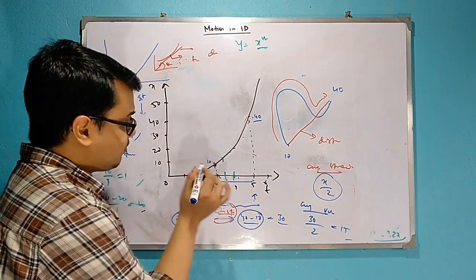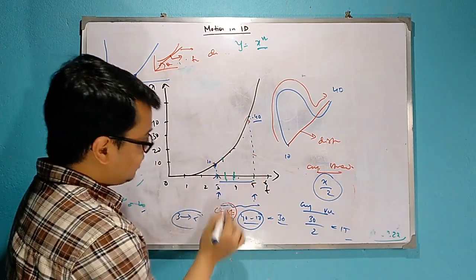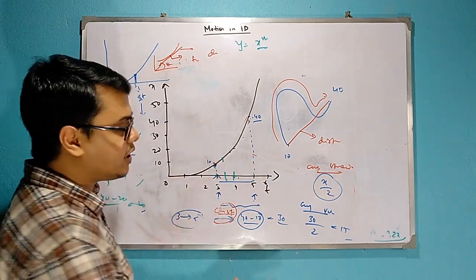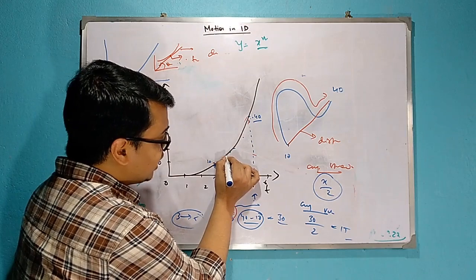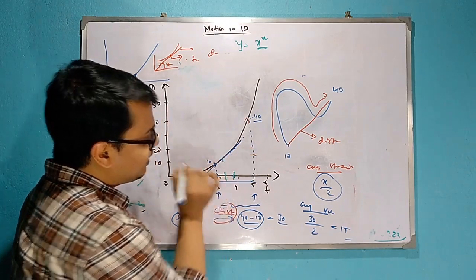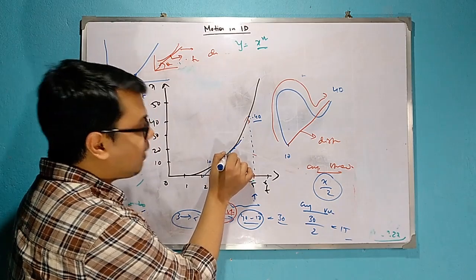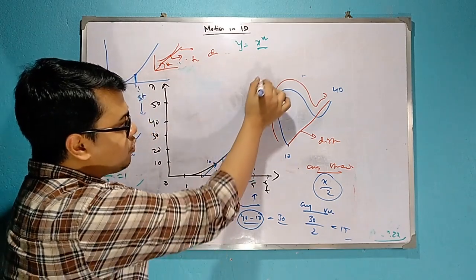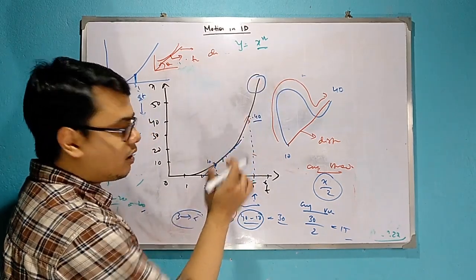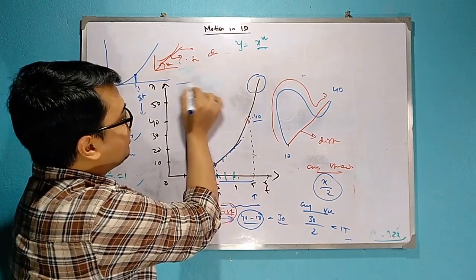Now see here. I learned that the instantaneous velocity at each point is nothing but, if I draw a tangent at that point, that will be its instantaneous velocity. Suppose this is the actual graph, so take the derivative of this one.